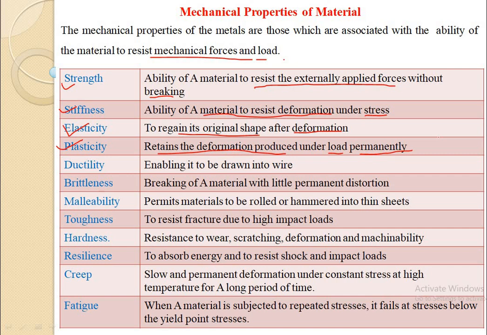That is known as plasticity. This property of the material is necessary for forgings, in stamping images on coins, and in ornamental work. That means the material should remain in its final shape after removal of the load. That is known as plasticity.